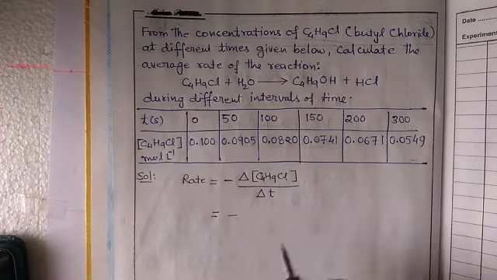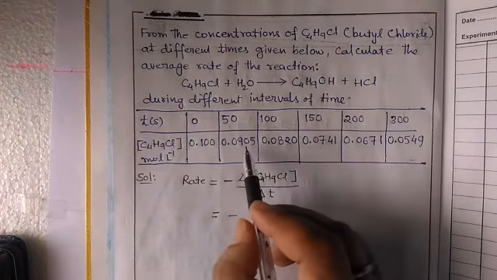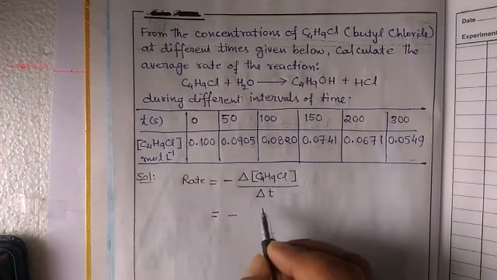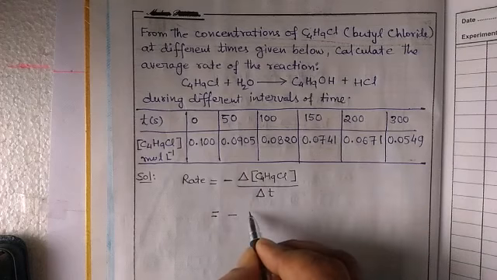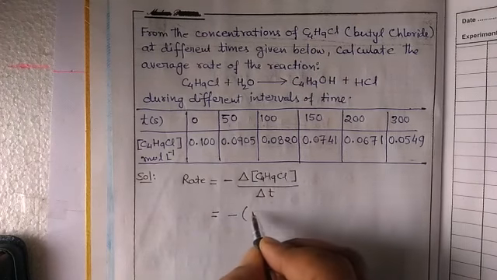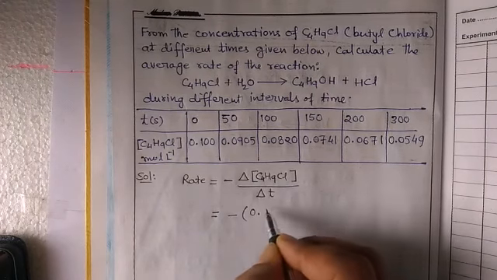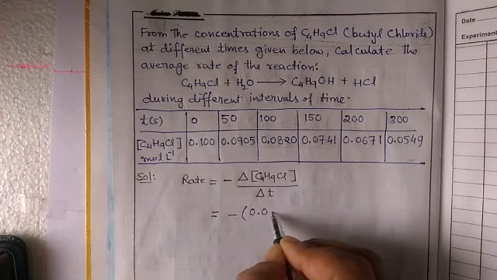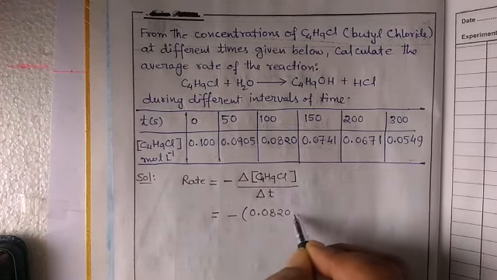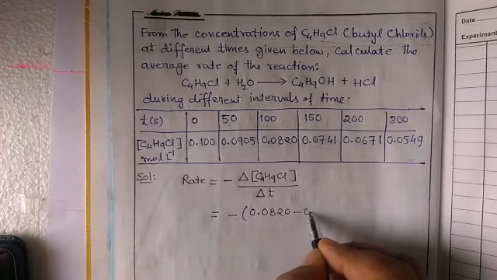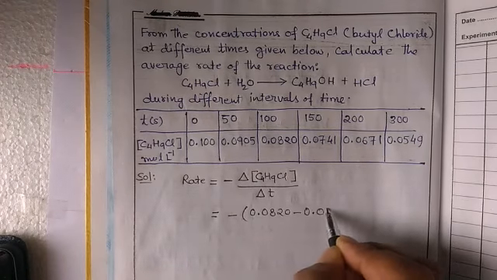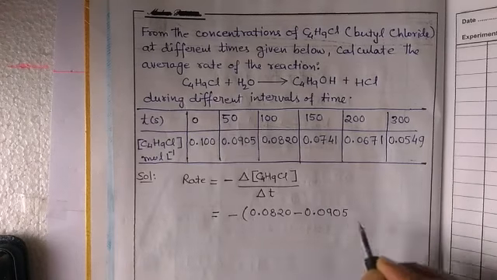Now change in concentration, this is final and this is initial for this reaction, for a rate between 50 and 100. So we'll put these values like 0.0820, and the initial value is 0.0905.